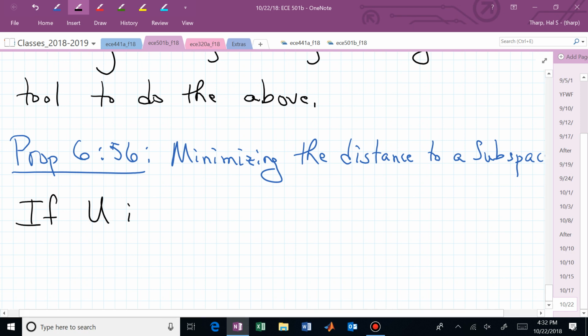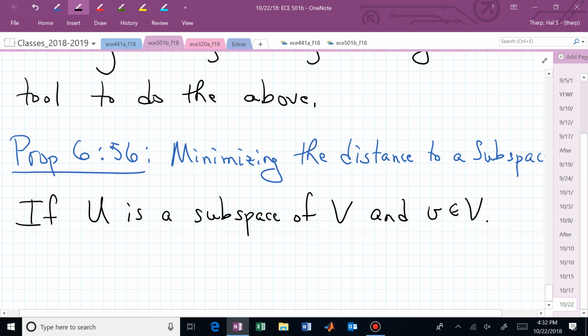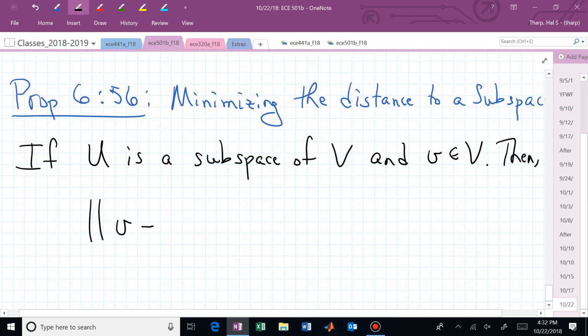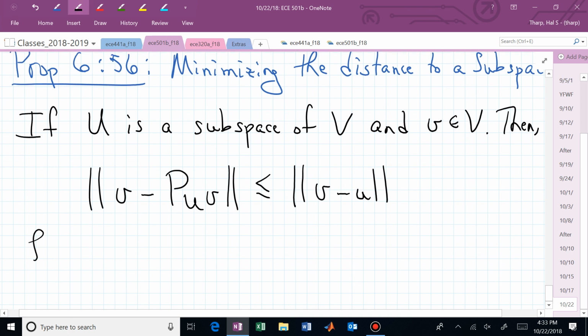If capital U is a subspace of this vector space V, and little v is some vector in that vector space, then the norm of V minus the projection of V onto U is less than or equal to the norm of V minus U for all U in the subspace capital U. So this is basically the projection of V onto U. That's where I was standing.